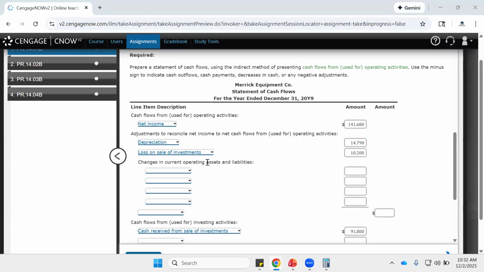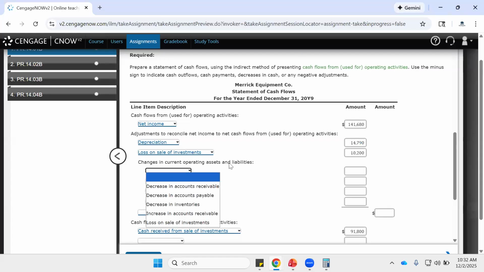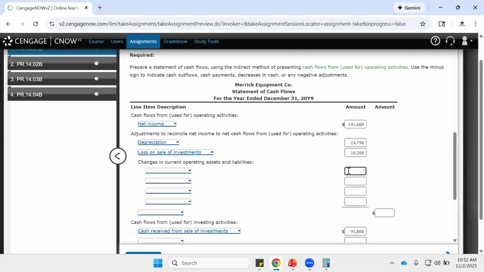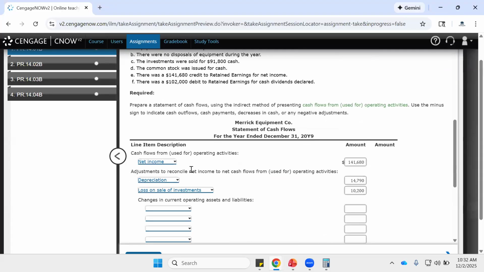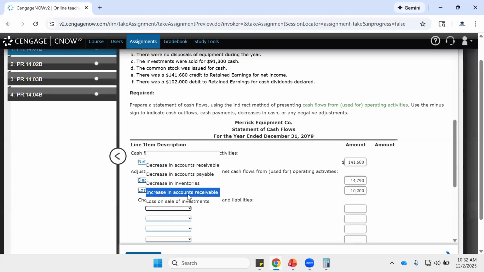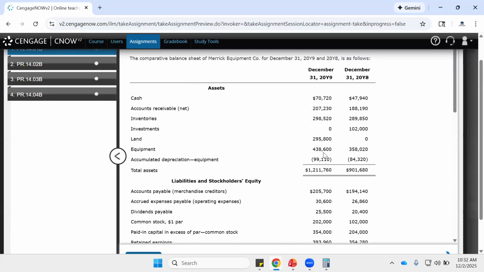Now we're going to go over each of the current assets and liabilities and see how these impact our operating cash flows. Accounts receivable increased. So we'll say increase in accounts receivable. And if accounts receivable increase, that means that we did not receive the cash. The customers still owe us the cash.